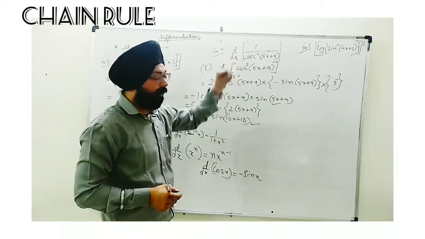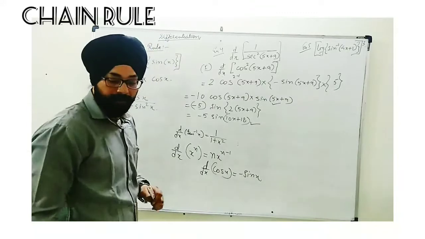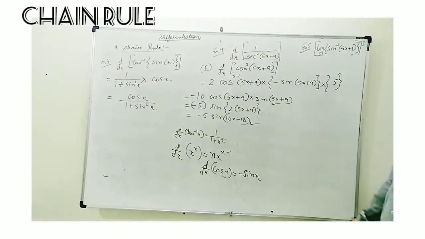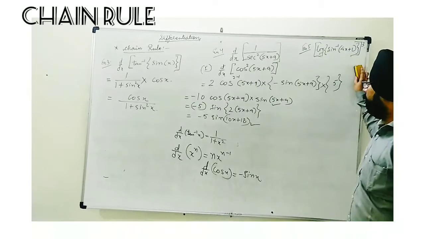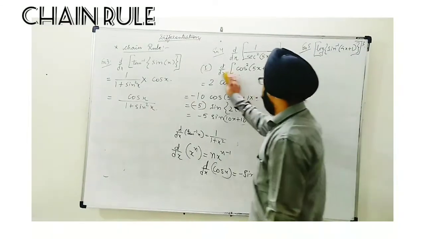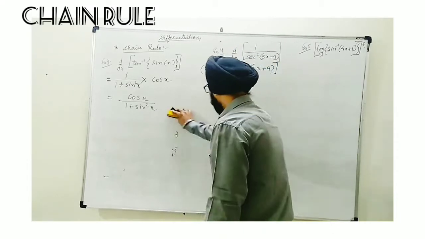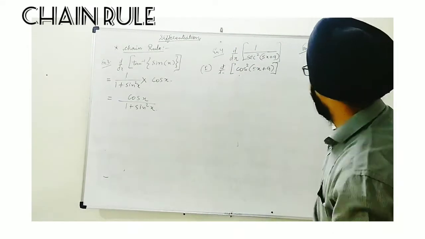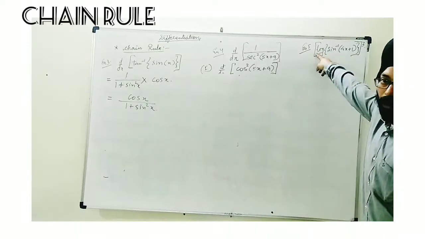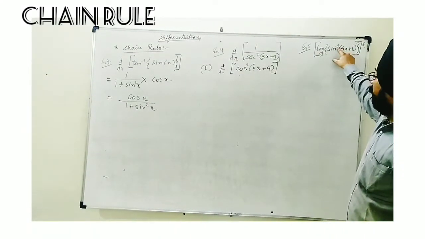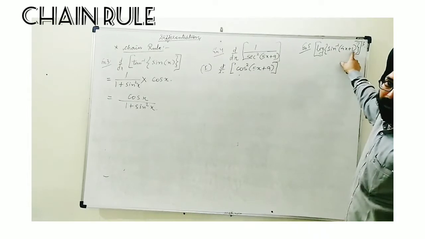Okay. Now we are having example number 5. We will go ahead with that example. So please see. I hope it is understood. Now we are seeing example number 5 for chain rule. What does it say? Log is the surface function, sine inverse the second function, 4x plus 1 the core function.